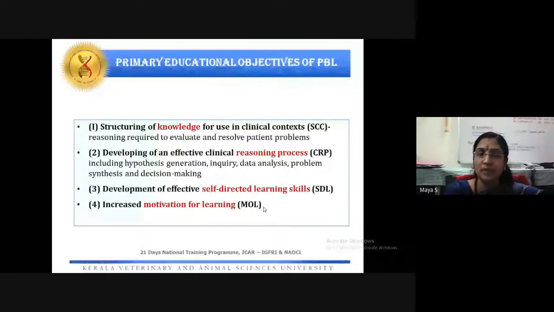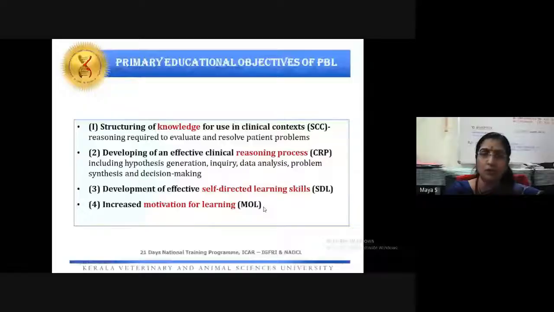So we are directing the students so as to develop self-directed learning skills. So that will be useful for them to come out of any problem encountered during their life, not even in the academics, even after that also. Okay, so that is the third educational objective for the teacher for implementing the problem-based learning.